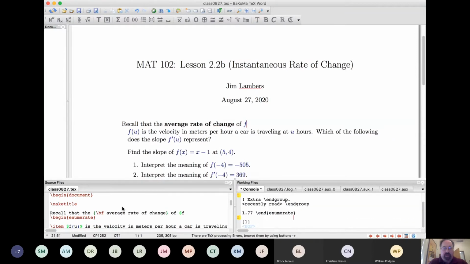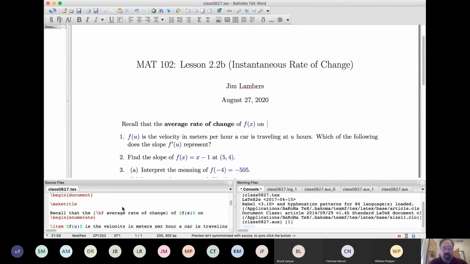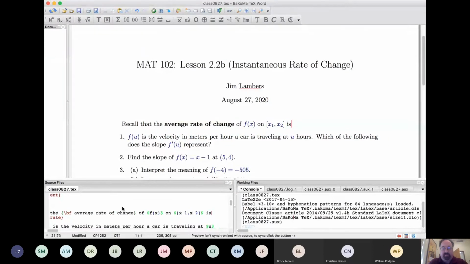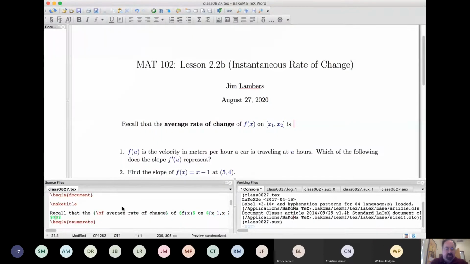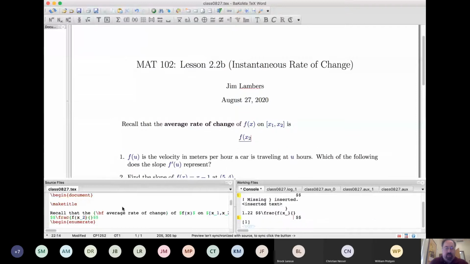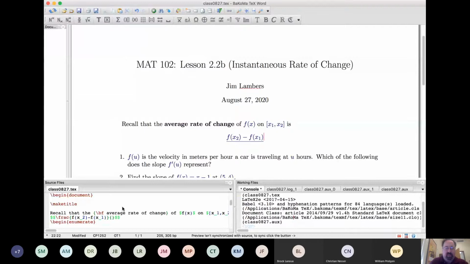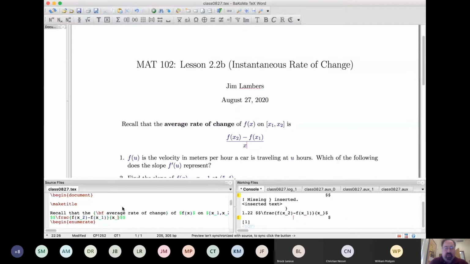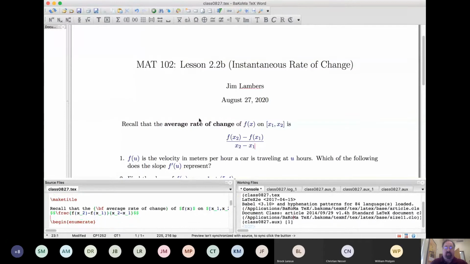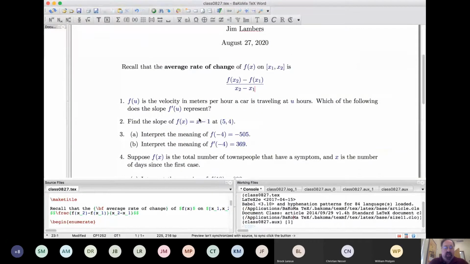And an average rate of change applies to a given function on a given interval, and here's a formula for it. So it's a difference of y values divided by the difference in the corresponding x values. So now I'm going to use this to tell you what instantaneous rate of change is.